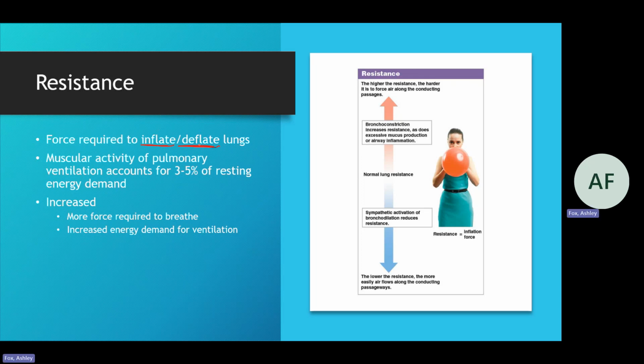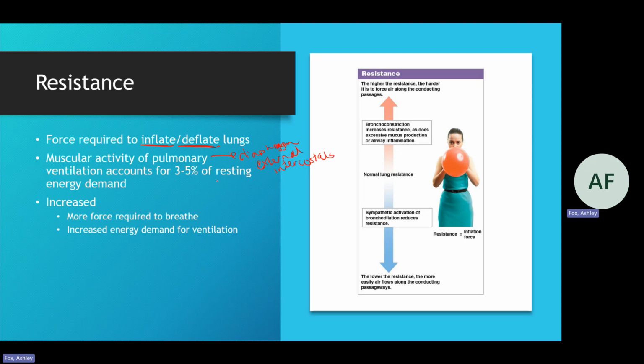And there's normal lung resistance, the muscular activity of pulmonary ventilation, so diaphragm. And this is just talking about normal resting breathing, and the external intercostals.